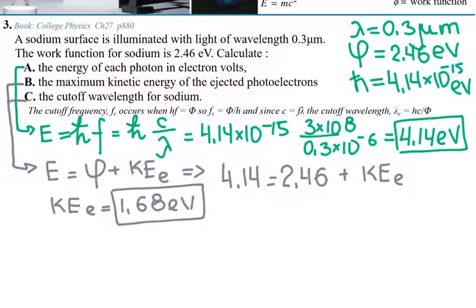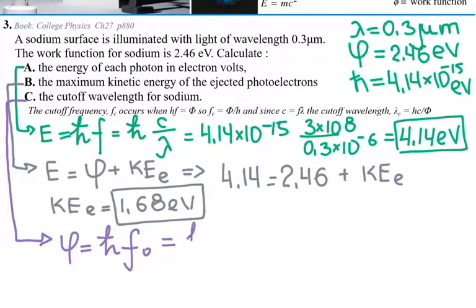And then for part C, find the cutoff wavelength for sodium. So I know that the work function is equal to Planck's constant times the threshold frequency, the minimum frequency needed to eject the electron from the surface. So I could rewrite it as Planck's constant times c over lambda.